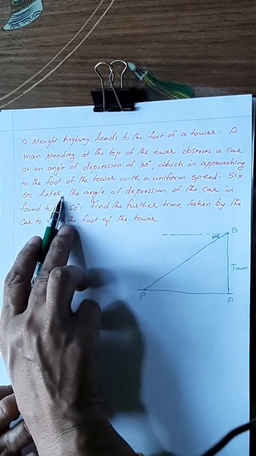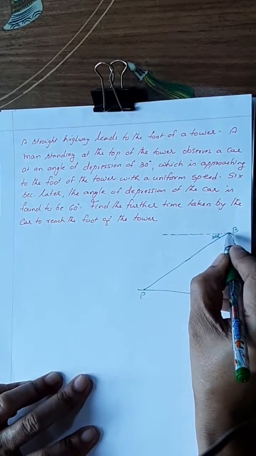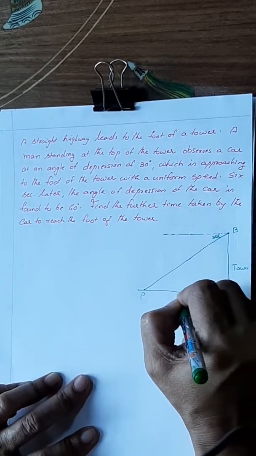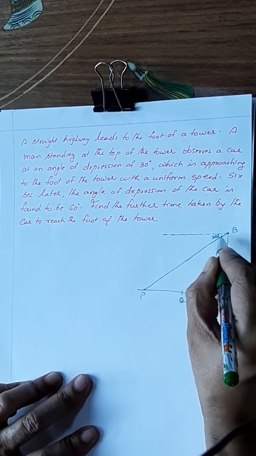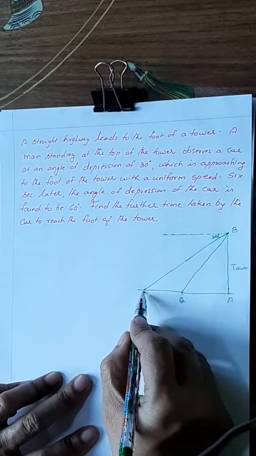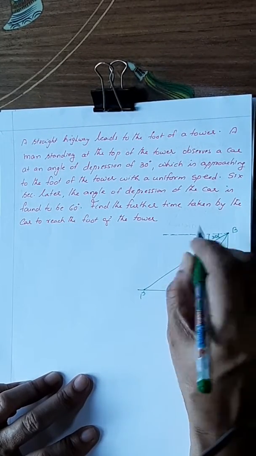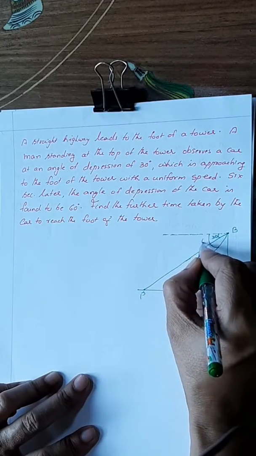6 seconds later, the angle of depression of the car is found to be 60 degrees. So from here, the car has reached this point Q. The time taken to travel from P to Q is 6 seconds and the angle of depression is 60 degrees.